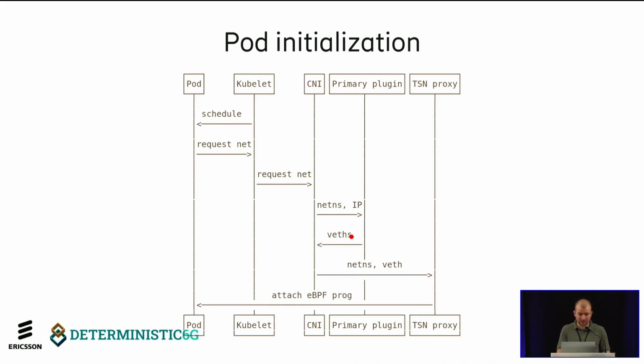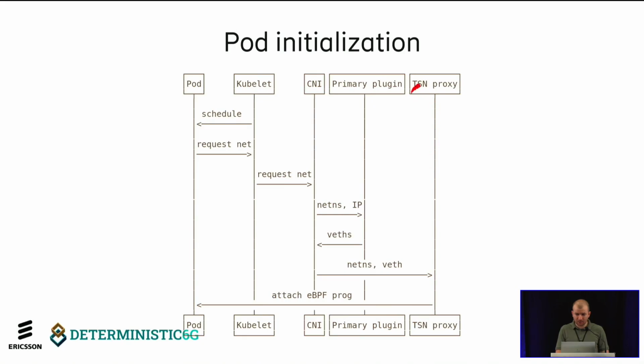Then, if there is any other plugin in the CNI plugin list, the CNI framework gives the things returned by the primary plugin to the other plugins and so forth. So you can chain multiple plugins.